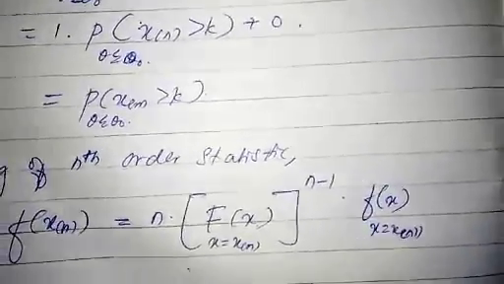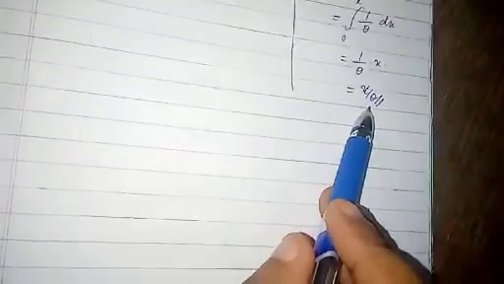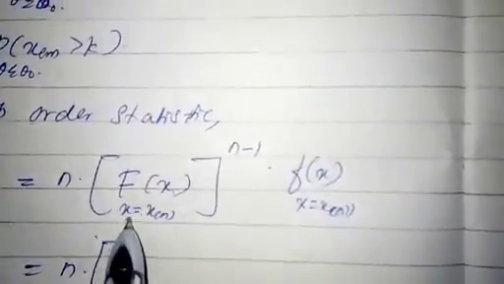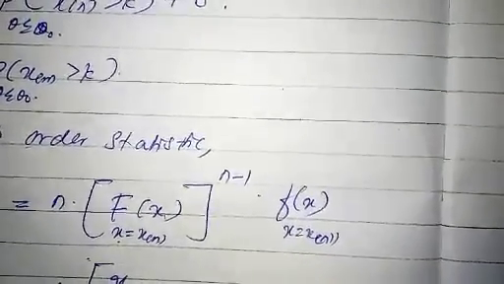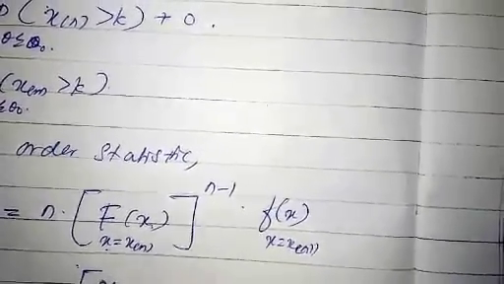Then what is the value here? It's equal to n into f of x. Here f of x is x by n, right? But here it is given that x equal to xn, so x by theta, right?